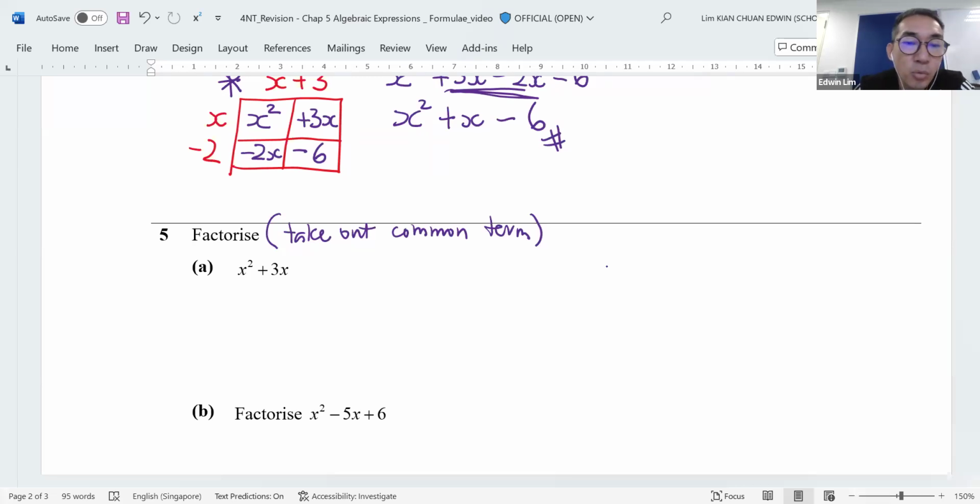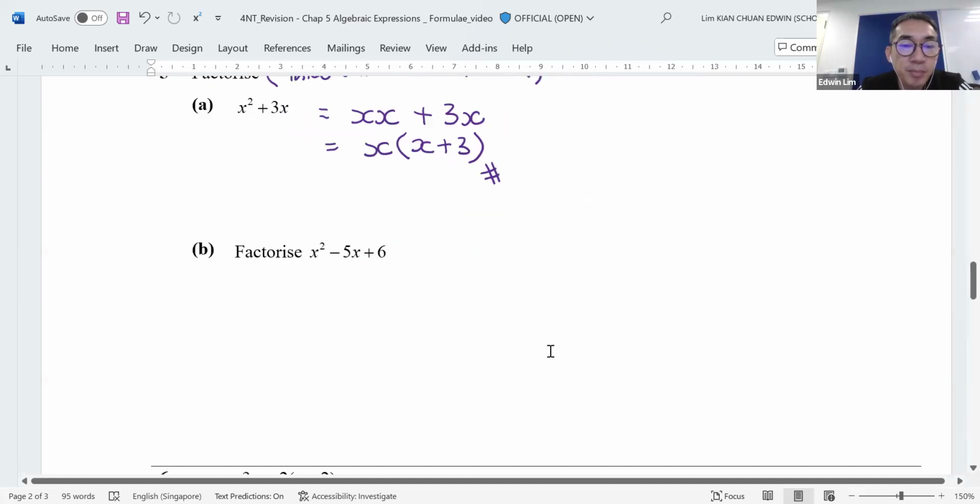Okay, so x squared plus 3x, I can say that is equal to x times x plus 3x. Since both of them have an x, I can take out x. What is left inside the bracket will be what is not taken out. So it's x plus 3.